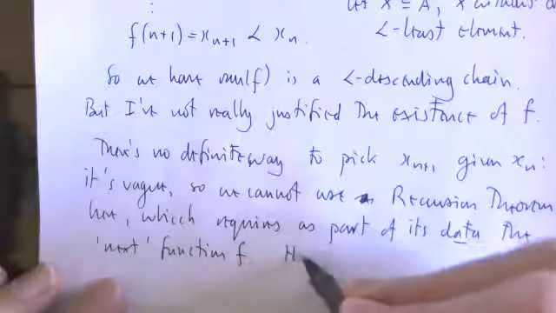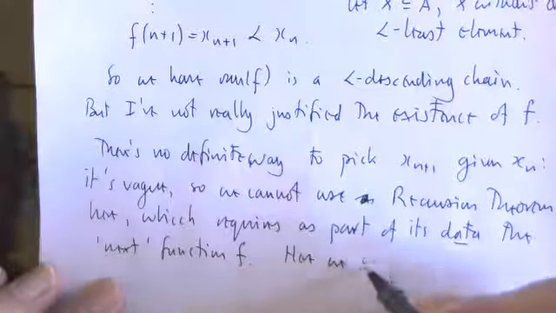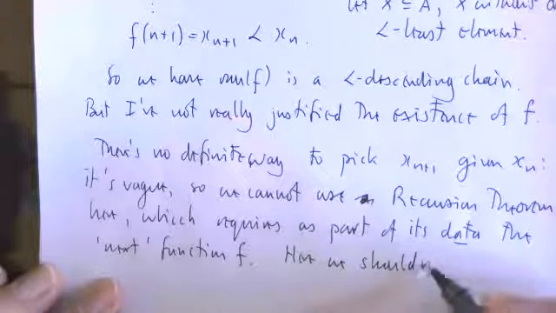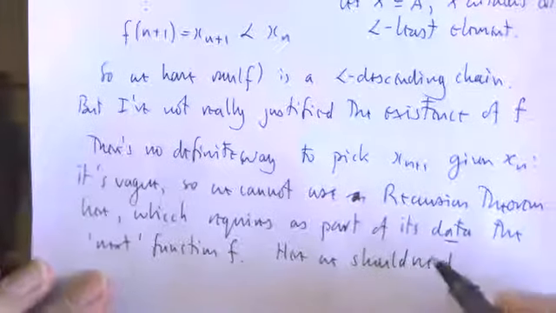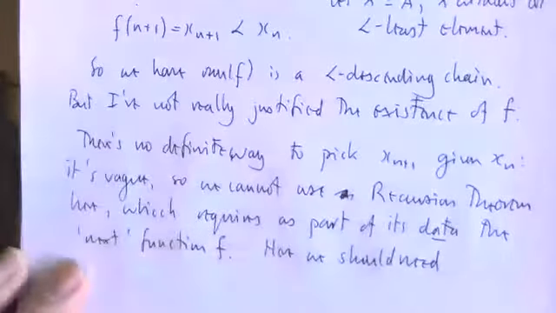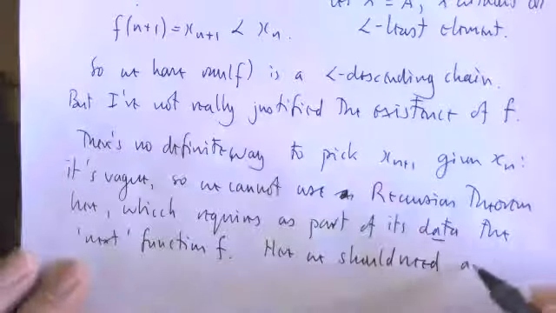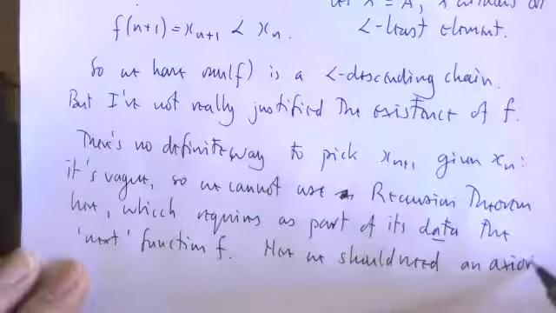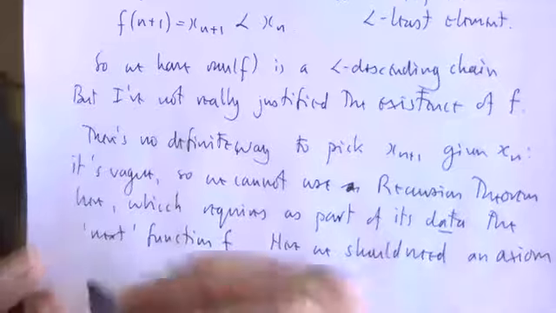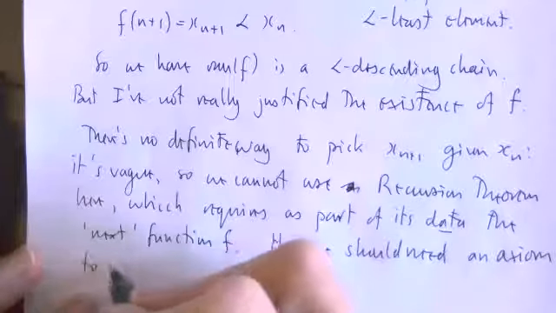So here we need the axiom of choice. I won't specify that any more at the moment. Here we need an axiom to do this choosing for us, to justify f.